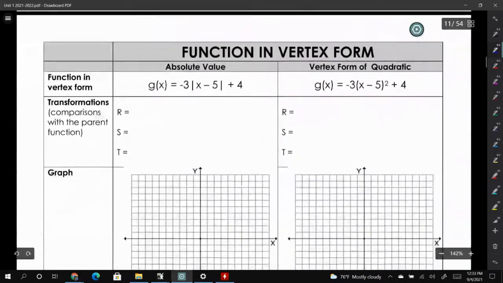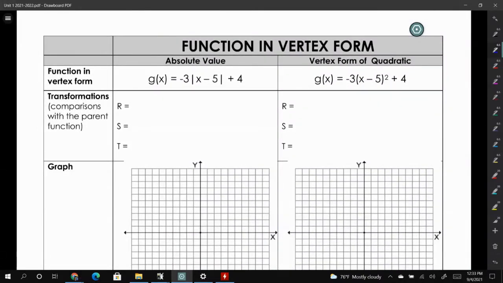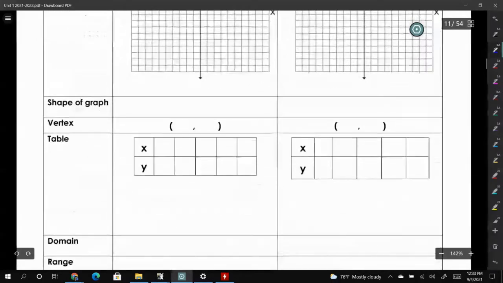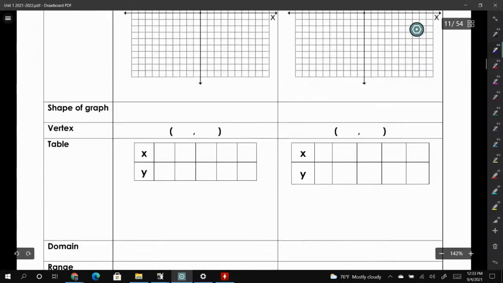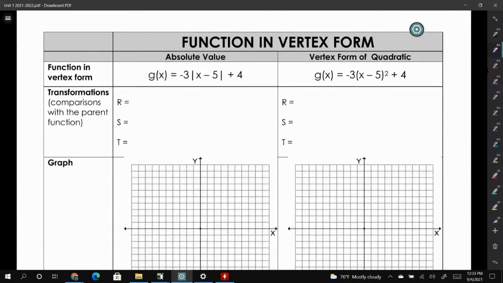All right, so let's look down here at an actual example of an absolute value and a vertex form of a quadratic, and we're going to graph both of these and we're going to compare them to the parent function. And again, you're going to see a lot of similarities between these two graphs.